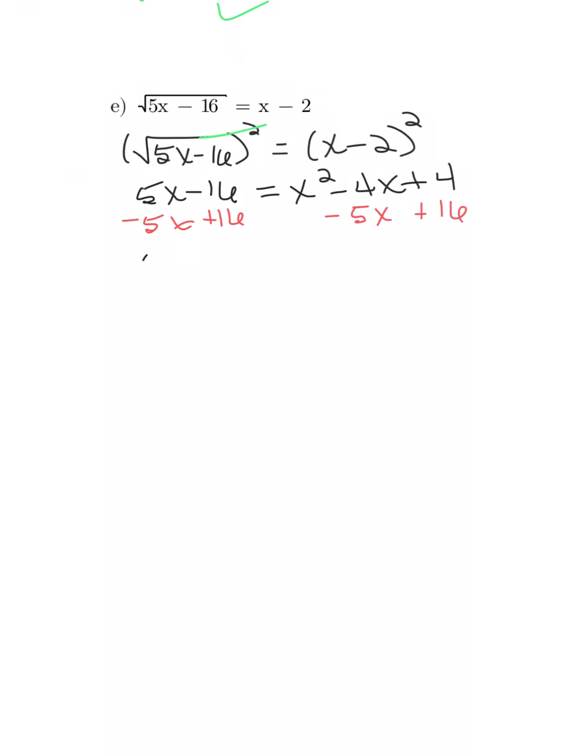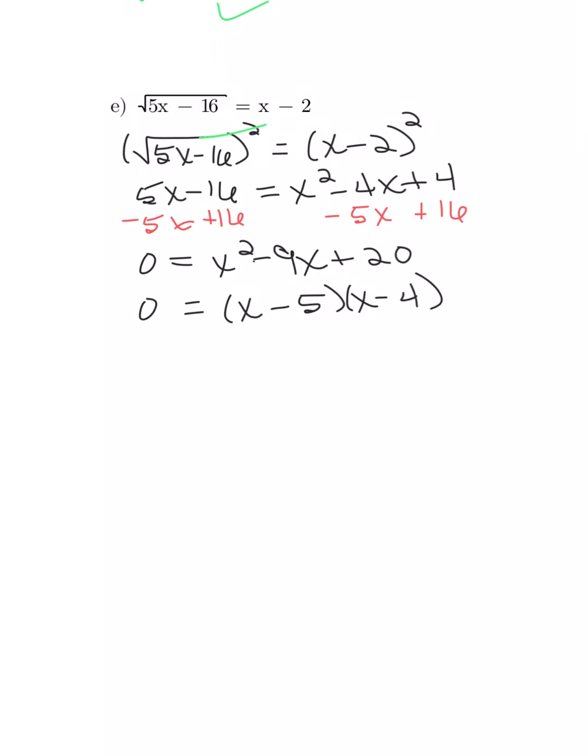This gives me 0 equals x squared minus 9x plus 20. That factors into x minus 5 times x minus 4. Set each factor equal to 0, and you get solutions of 5 and 4.